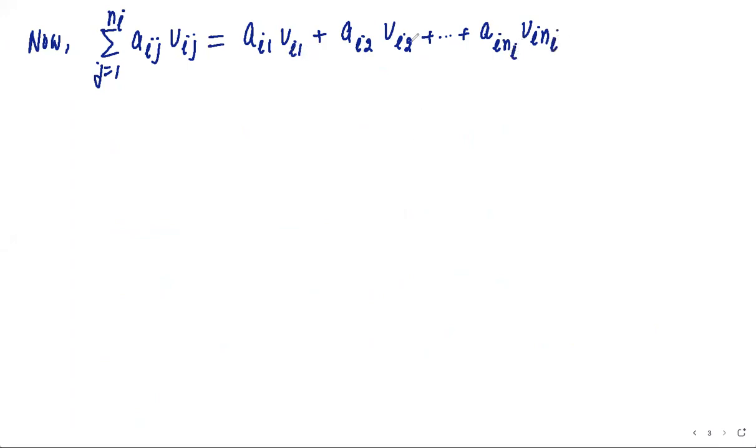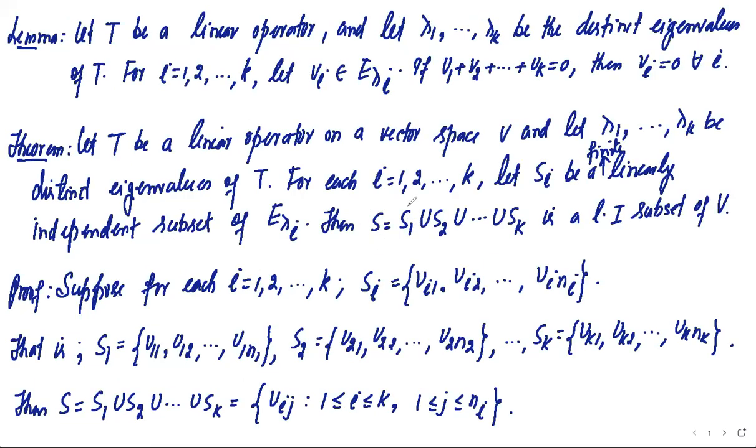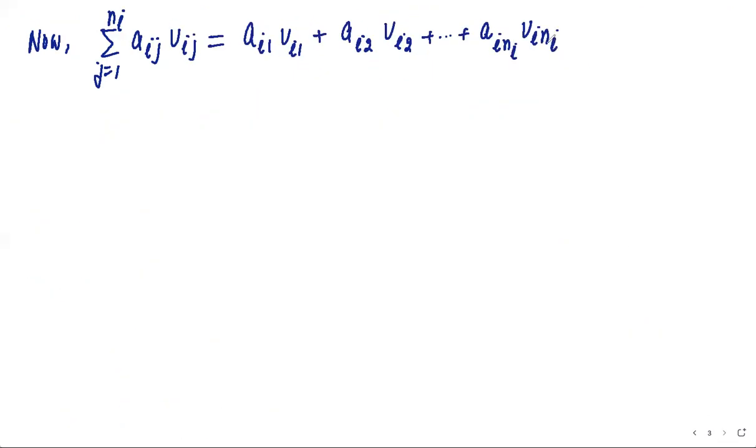Now these vi1, vi2, vini are the vectors from Si, and Si is a linearly independent set because we have chosen that Si is a linearly independent subset of E lambda i. So this linear combination is actually a linear combination of the linearly independent vectors in Si, and it is equal to 0.